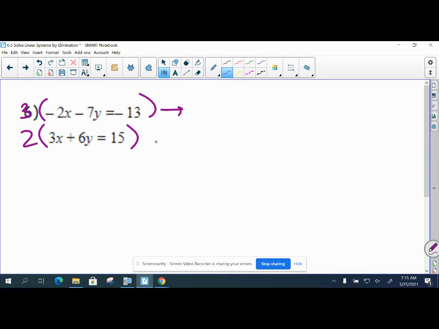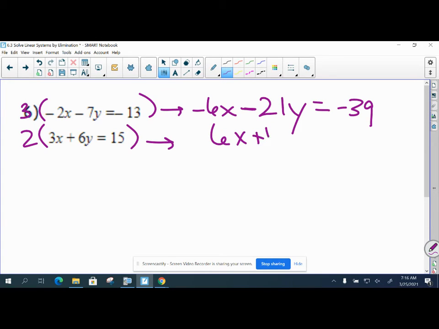So I'm going to write the new equations over here, negative 6x minus 21y equals negative 39. And then this would be positive 6x plus 12y equals 30.